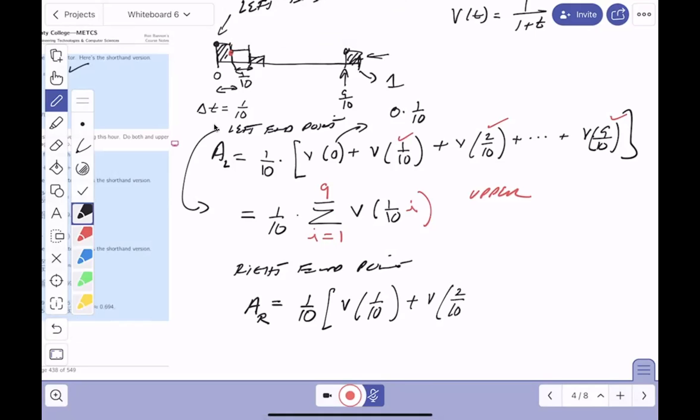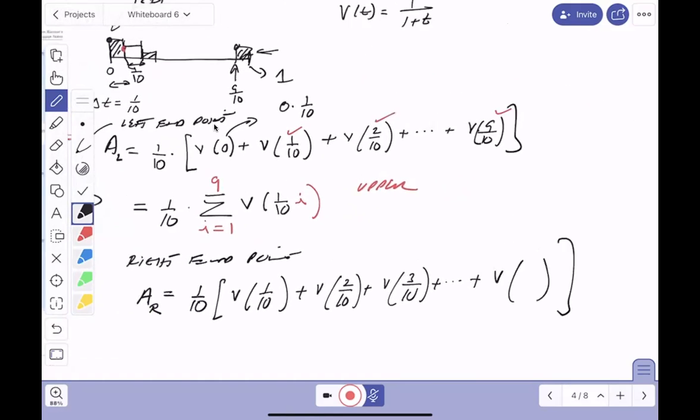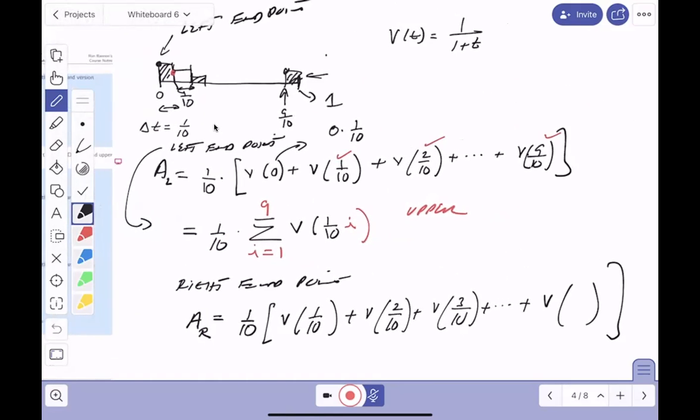V of 2/10 plus V of 3/10. These have really nice patterns, by the way. Yada, yada, yada. The trouble for a lot of students is knowing when to stop. All right, so where are we going to stop? We're stopping here. And it should be stopping at 1, right? So what's that going to be? 10/10.